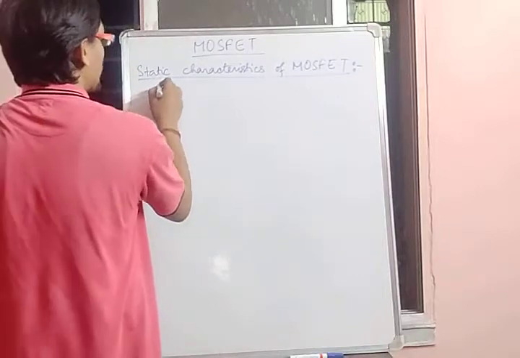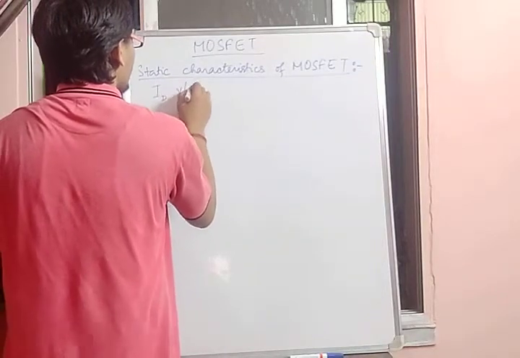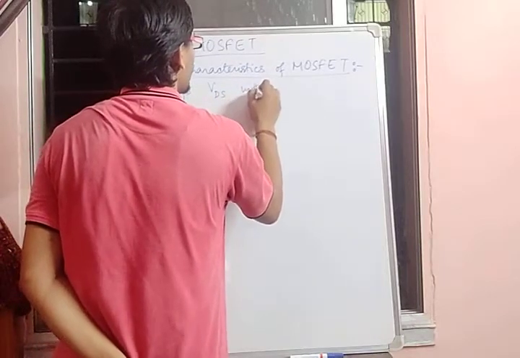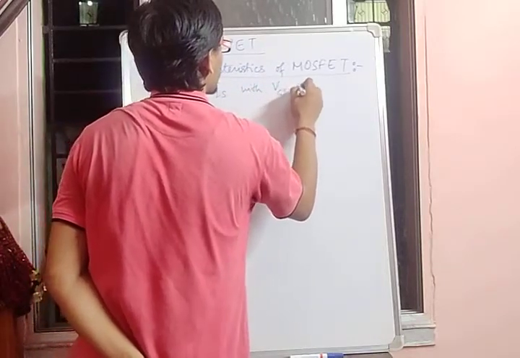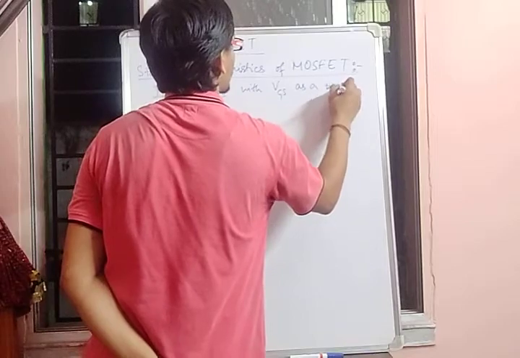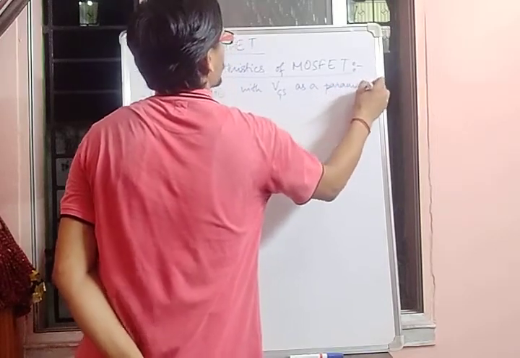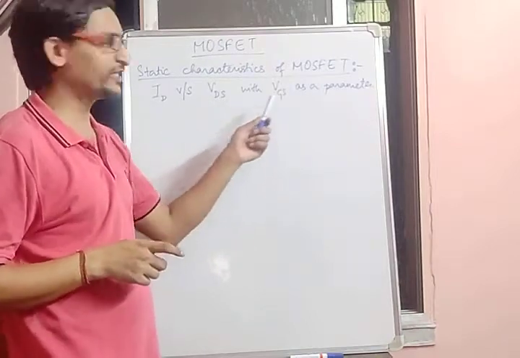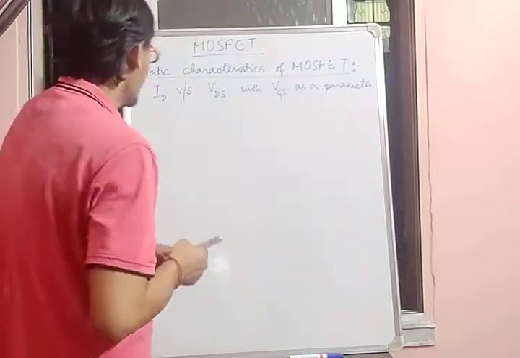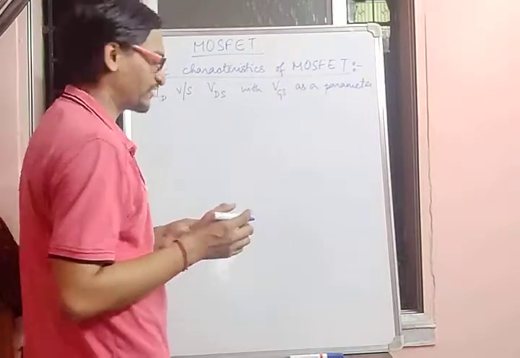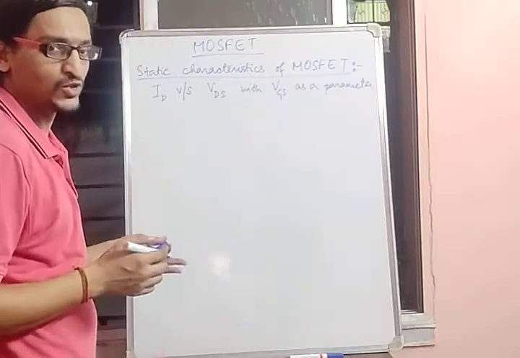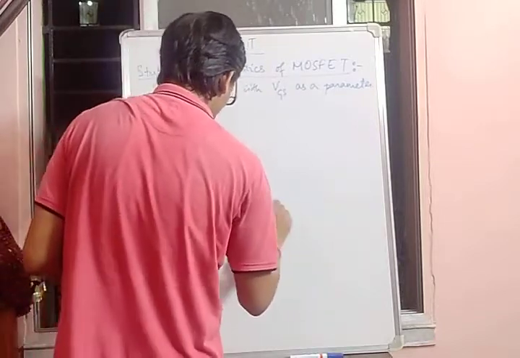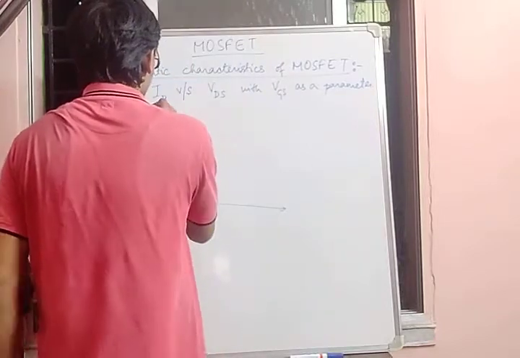It's basically a plot of drain current versus drain to source voltage with VGS as a parameter. Suppose we consider a P channel MOSFET operating in enhancement mode, then how will the characteristic look like? The characteristic will look somewhat like this.